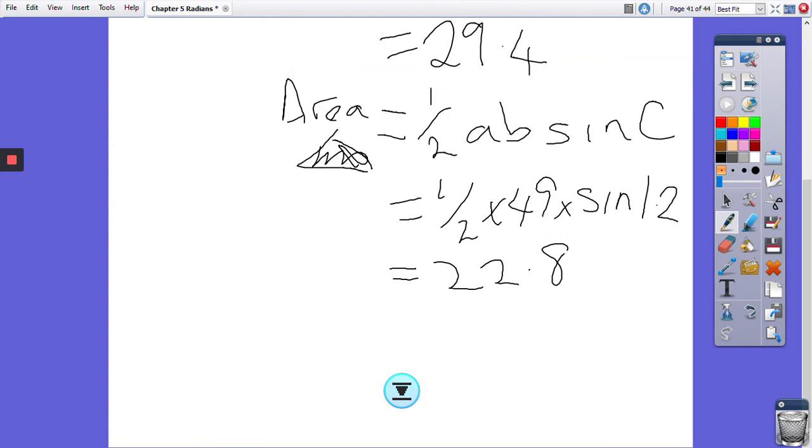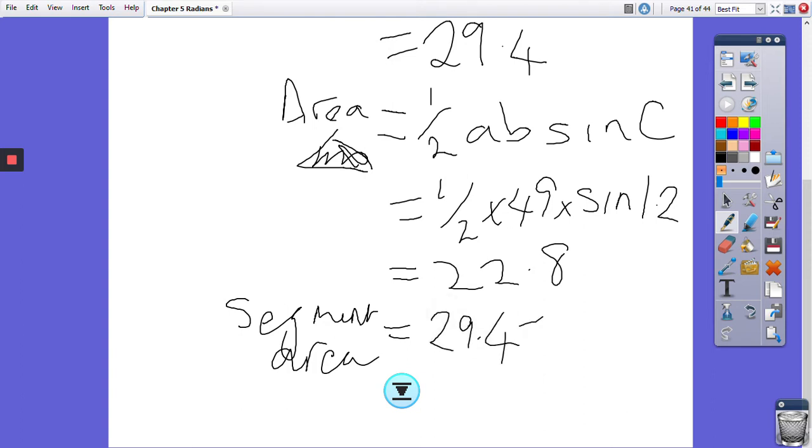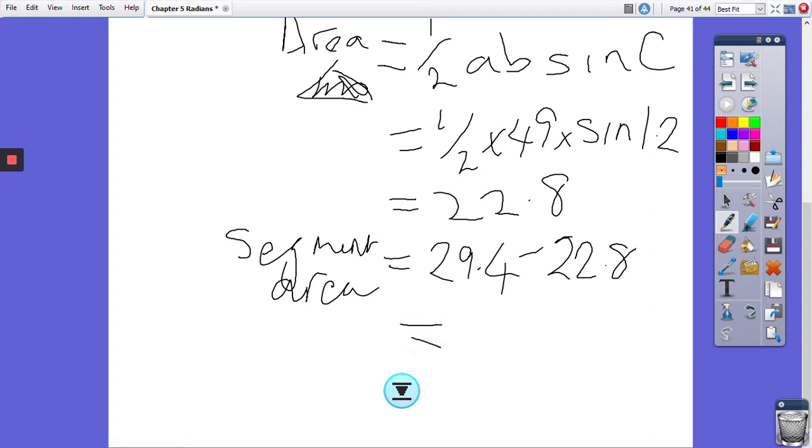And then for the last step, for the area of a segment, what we're going to do is 29.4 minus 22.8. Now these are numbers that I've kept in my calculator so that when we do this, you'll see that you get 6.57 centimeters squared. And I think that's a better way of doing the area of a segment.